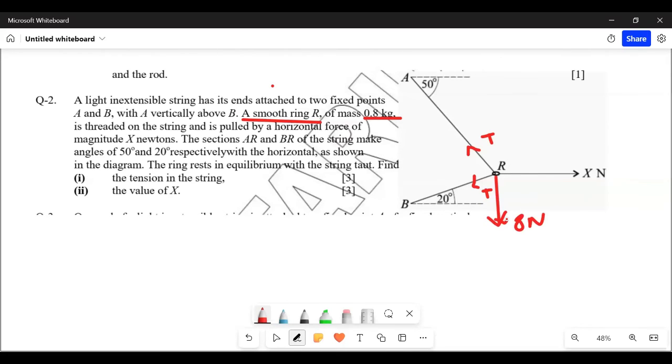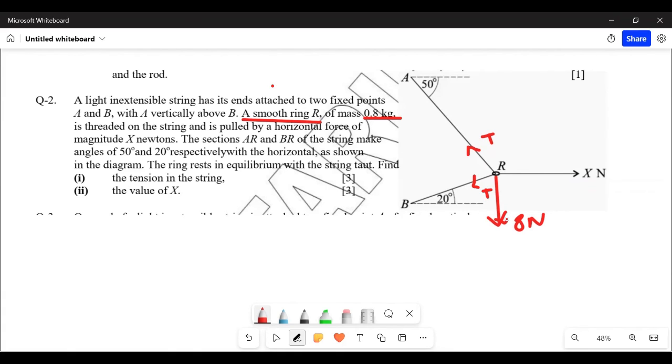The ring is threaded on the string and is pulled by a horizontal force of magnitude X newtons, as we can see in the figure. Since X is horizontal, we will not be resolving it into any components. It's just a force acting in the right direction.